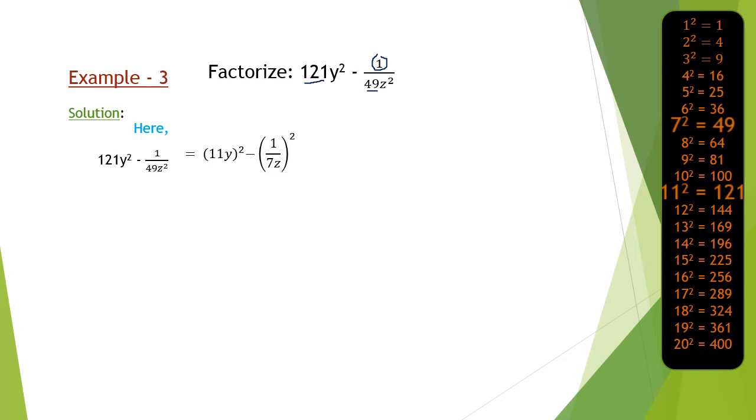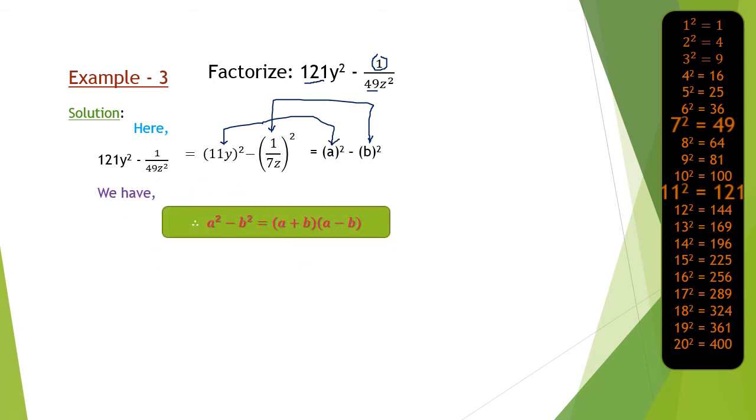So this is in the form of a difference of squares, which you can write as a square minus b square. Now it's clear that a is equal to 11y and b is equal to 1 by 7z. So instead of a we write 11y, and instead of b we write 1 by 7z.